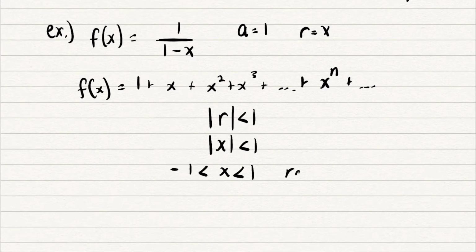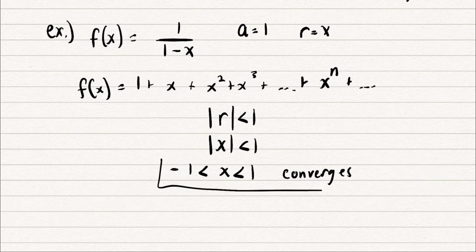So we could say the radius of convergence is 1, and that it converges for negative 1 to 1. Also remember, we're not including negative 1 or 1 for this case.